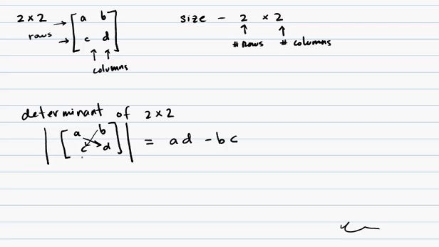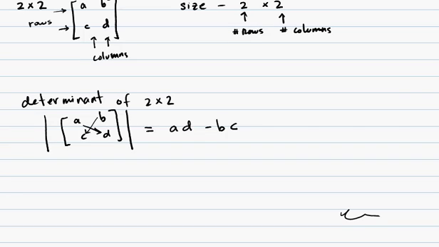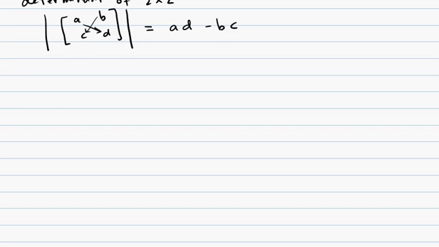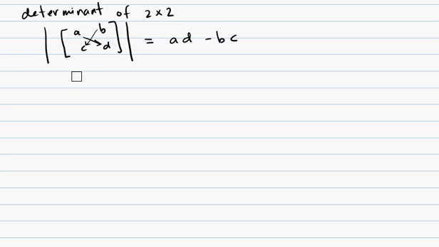Okay? And then if I have a 3 by 3 it's a little bit more involved. I'm going to erase this. So if I have a 3 by 3, let me just write a 3 by 3.